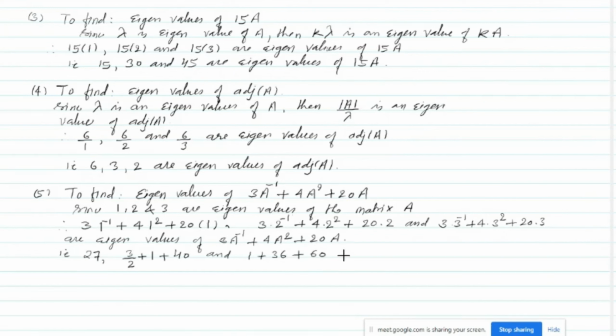Here 2 squared is 4, 4 into 4 is 16, plus 20, so 3/2 comes, 16 plus 40. Just cross multiply.